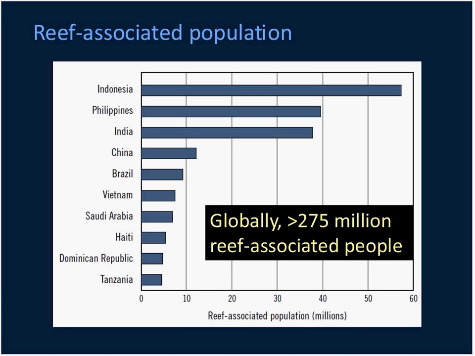But we came up with a figure of 275 million people living at low altitude, pretty much at sea level, within 30 kilometers of a coral reef. And then we number 275 million reef-associated people. These are people likely to benefit from or depend on coral reefs in some way or other.